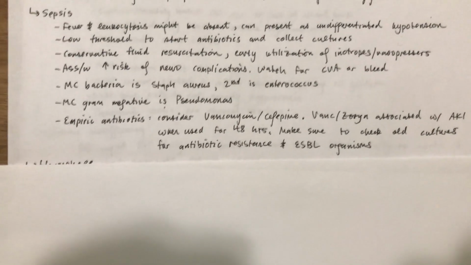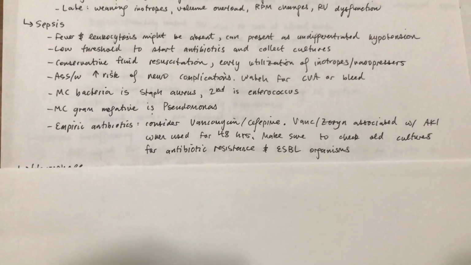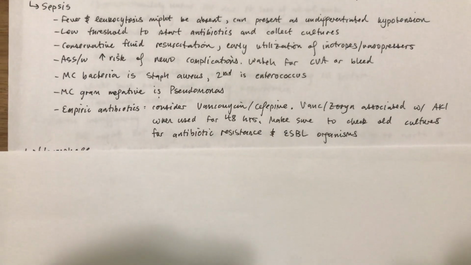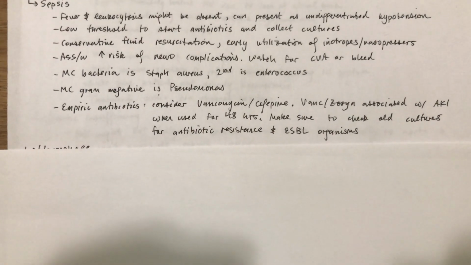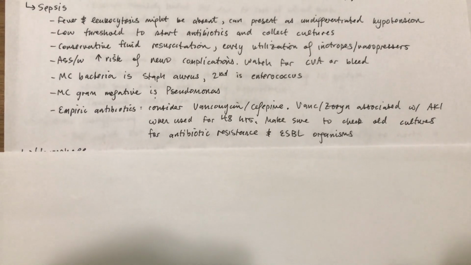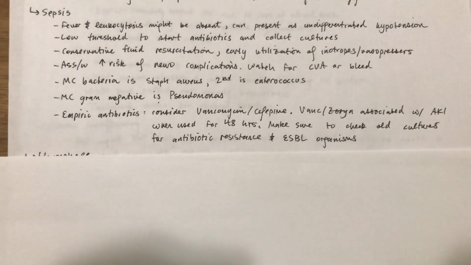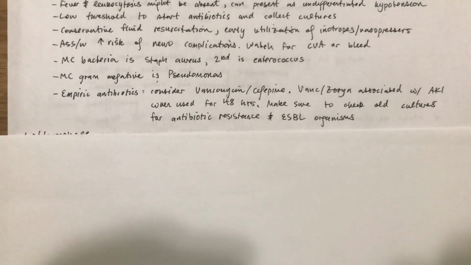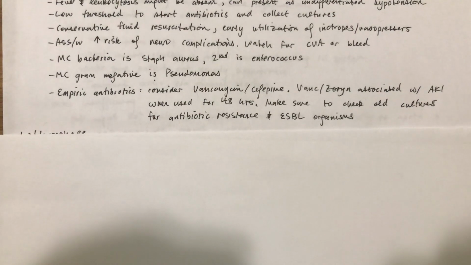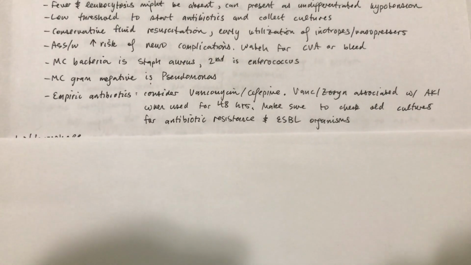So if you were going to start empiric antibiotics, a good thing to do is to cover MRSA and cover Pseudomonas. Something like vancomycin is probably your best for the MRSA coverage, and then either cefepime or Zosyn are both good for Pseudomonas. If the patient has a chronic driveline infection, Zosyn might be better because it has better anaerobic coverage.